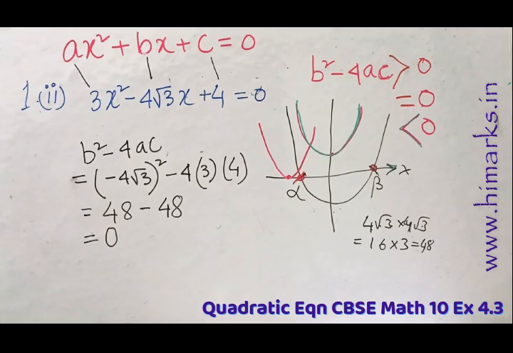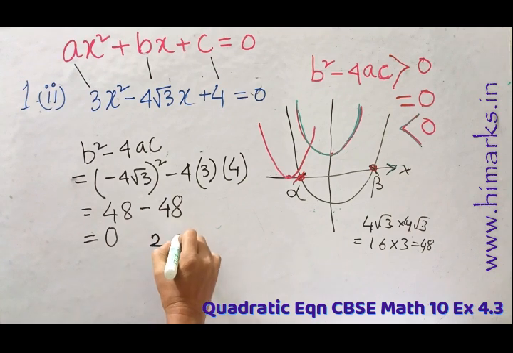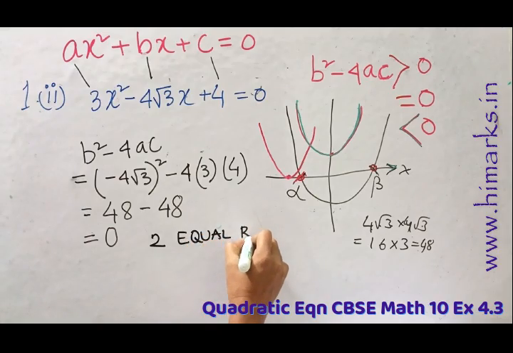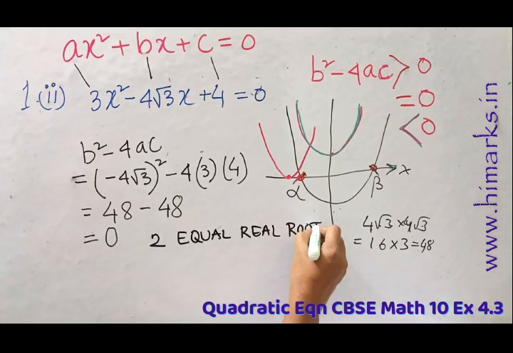So what does it mean? What we said is, if it is equal to 0, it means yes, real roots exist. If it is equal to 0, it means two equal real roots.